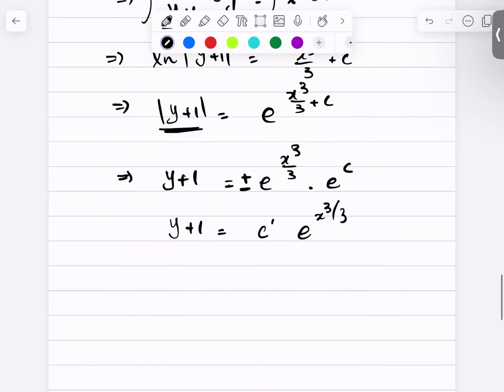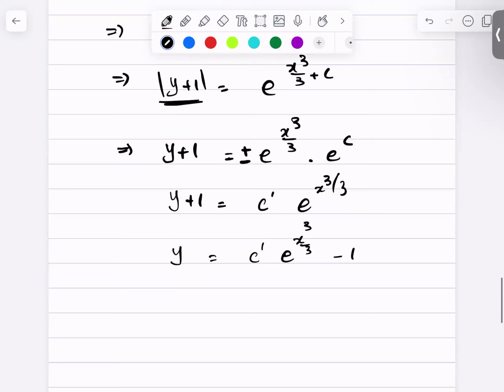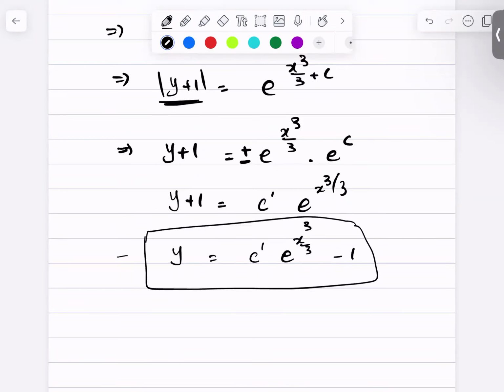So therefore, my final solution is c prime times e to the x to the third over 3 minus 1. This is my final solution. Okay, cool.